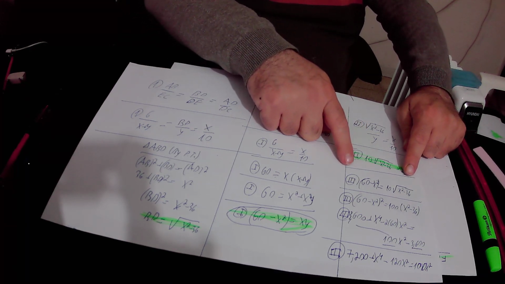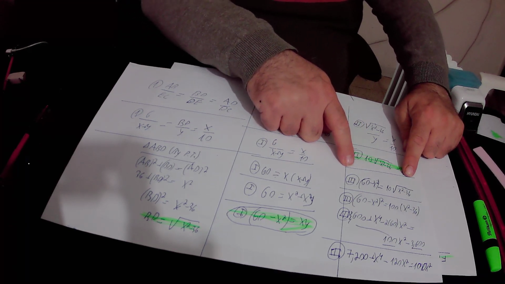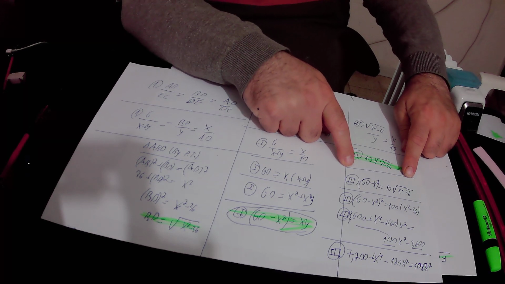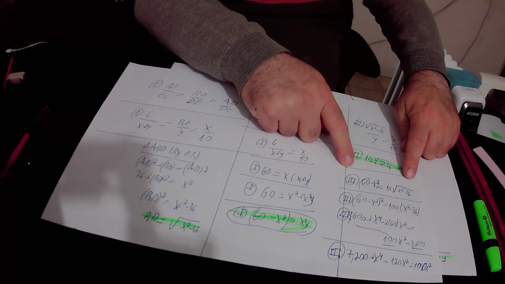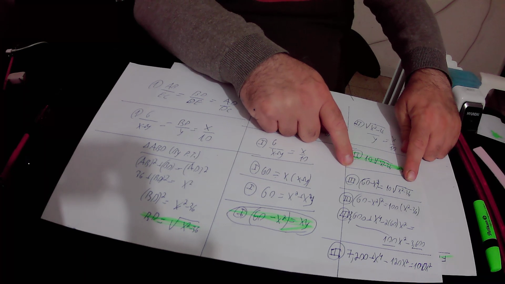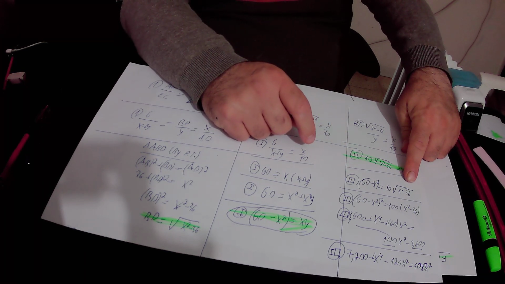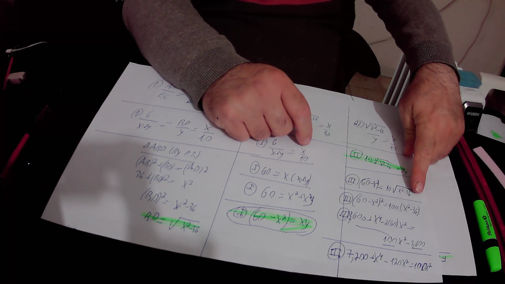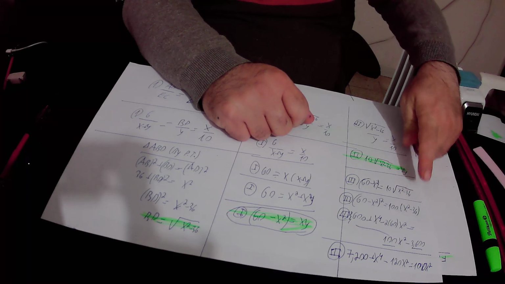We squared both sides of equation number 3 and we got that 60 minus x squared, squared equals 10 squared, that is 100, and here the square cancels the root and we are left only with x squared minus 36.